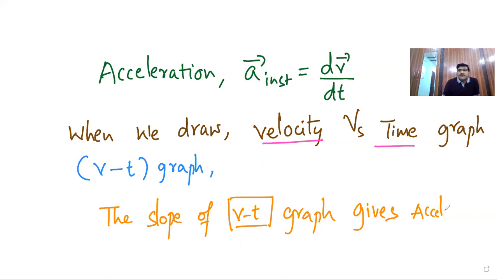Have the clarity. Slope of the VT graph gives acceleration.